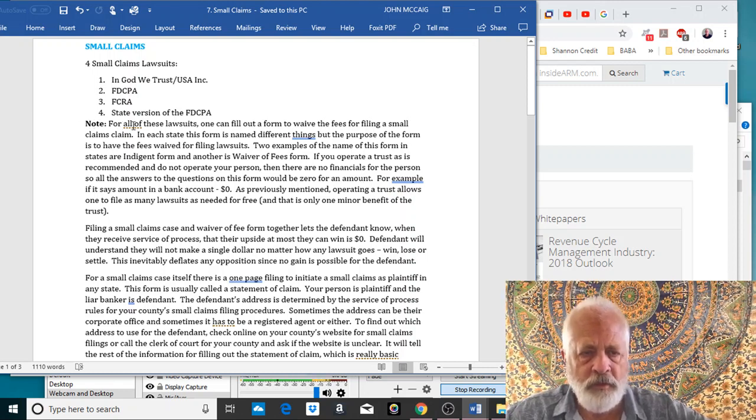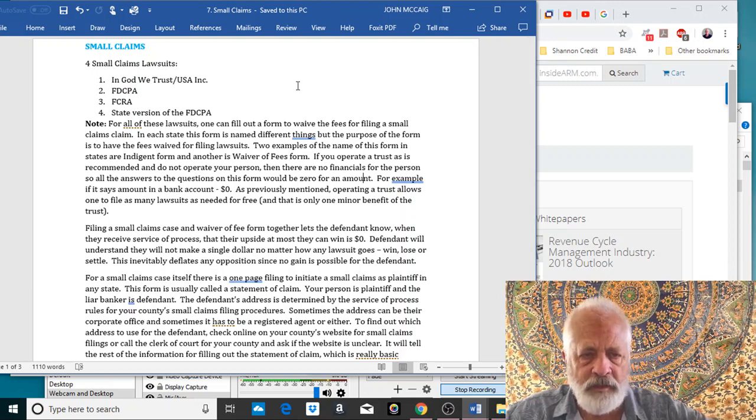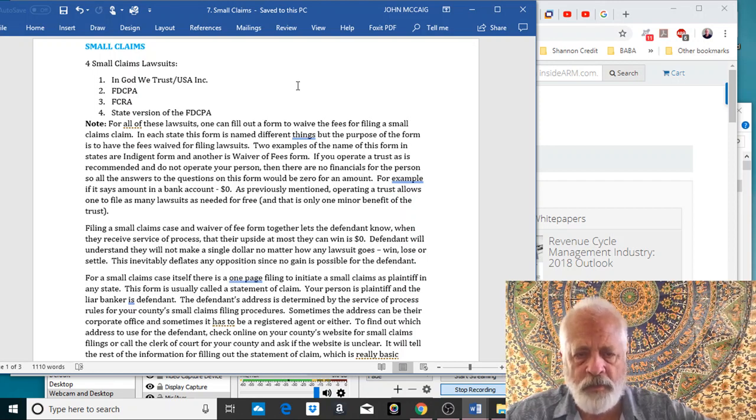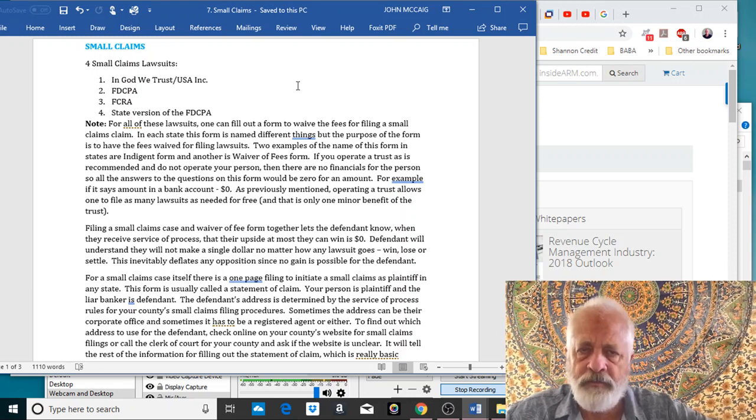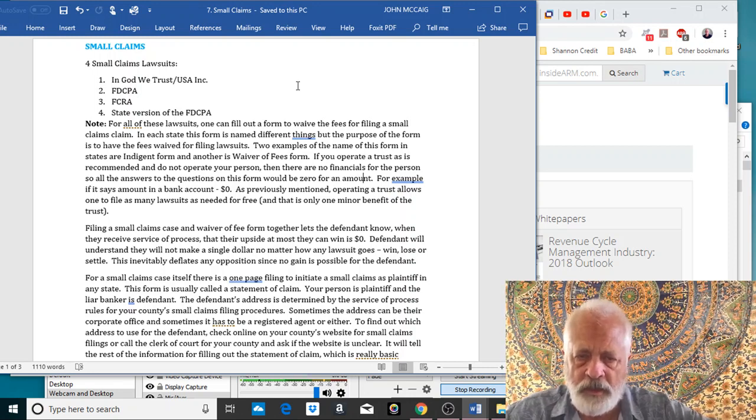Note, for all of these lawsuits, one can fill out a form to waive the fees for filing a small claims claim. In each state, this form is named different things, but the purpose of the form is to have the fees waived for filing lawsuits. Two examples of the name of this form are the indigent form and the waiver of fees form. We went over this at the end of last video. If you operate a trust as is recommended and do not operate your person, then there are no financials for your person.